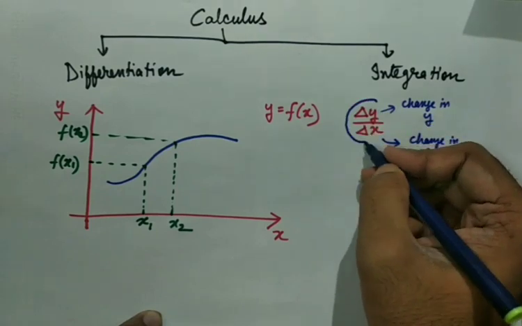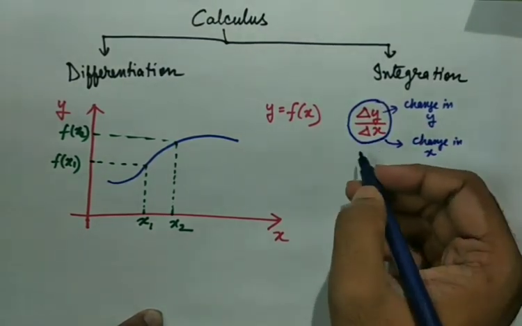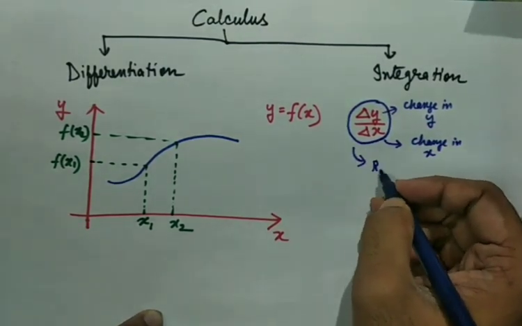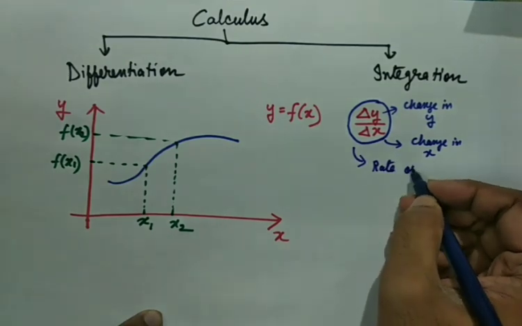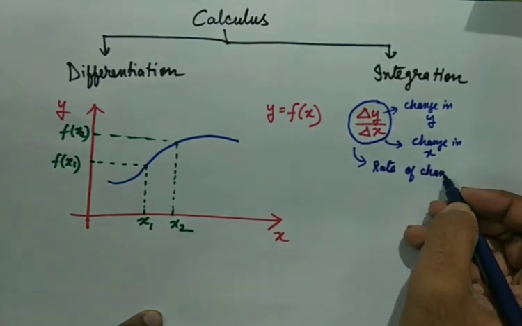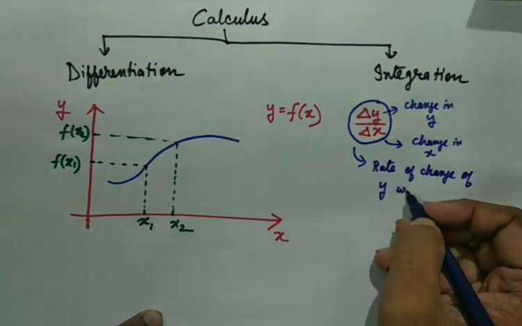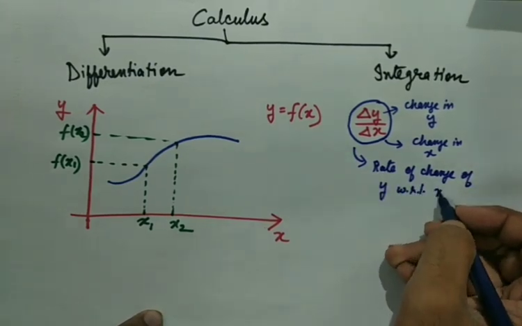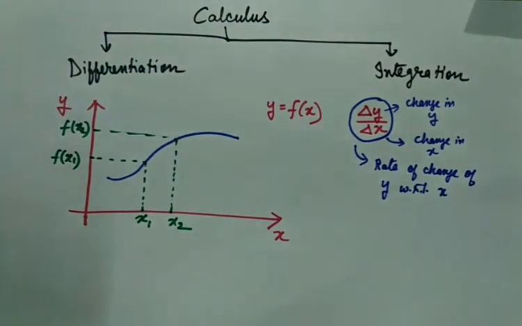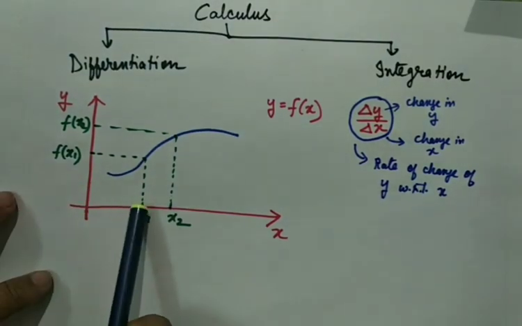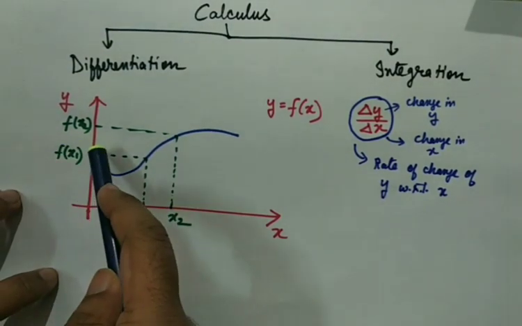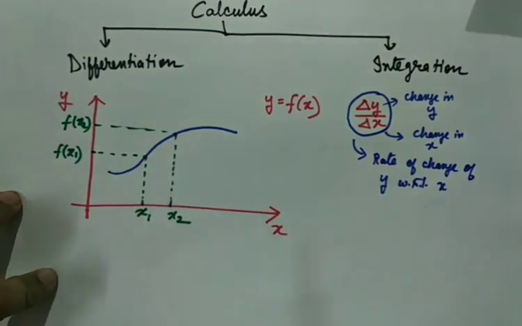And this whole quantity delta y by delta x means rate of change of y with respect to x. This means as our x changes, at what rate the y will change.